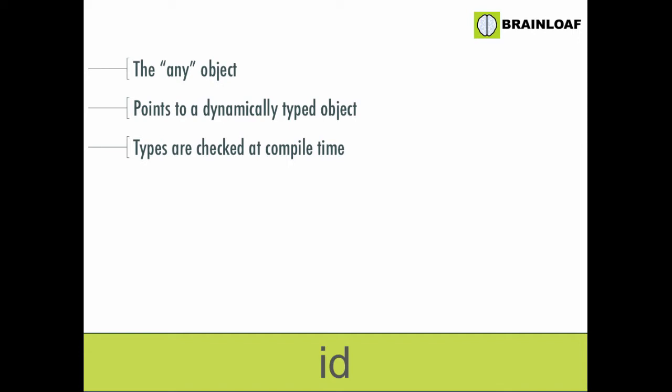So mainly we're using this any object when we're passing around classes that might delegate work to another class, or usually in the constructor of any class. And if it can, the compiler will try and check those types at compile time. If it can infer what those types are, it will attempt to check it. But it can't always know, based on the context of your code, what type that variable might be. So you have to be careful of that.